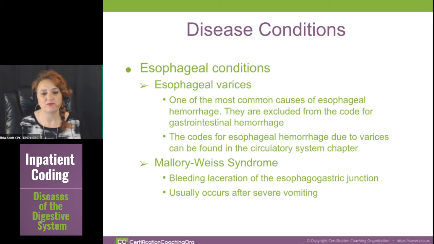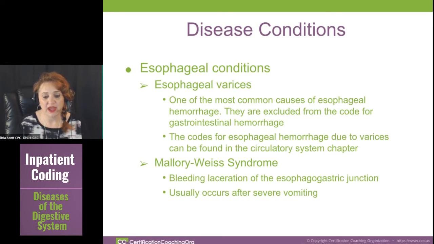If you've never heard of Mallory-Weiss syndrome, that happens when you get a laceration in the esophagogastric junction. That's down low at the bottom of the esophagus where it connects to the stomach. This is something that happens if that's a compromised area.